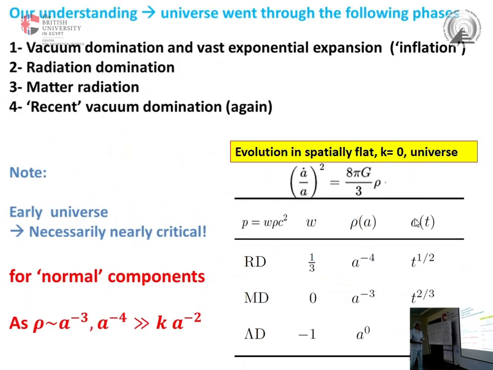So here we go. We can put these things in our Friedmann equation, and for a flat universe, suppose it's flat, so we put k equals 0, just as an exercise, and it's very easy. Put rho as a to the minus 3, minus 4 and so on, and put it in here, and you'll find, we mentioned this already, the stuff about the early universe being flat. We put in our 1 over a to the 4, we get this one. 1 over a cubed, we get this one.